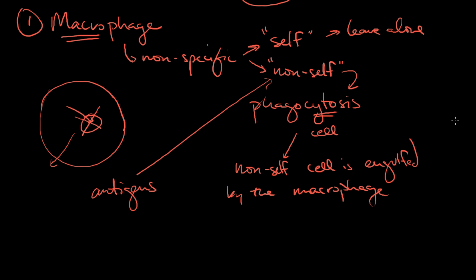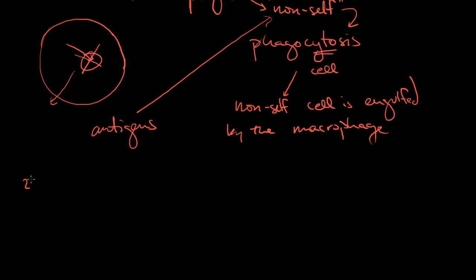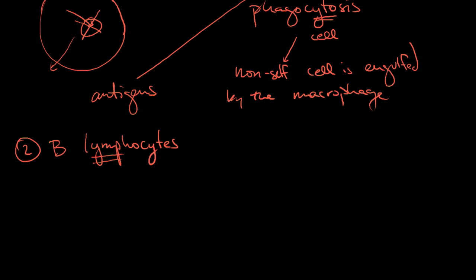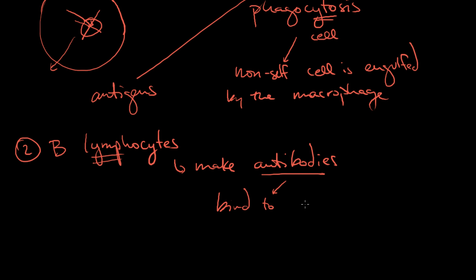So one type of leukocyte is the macrophage, and then the other kind that you need to know are the B lymphocytes. And you've got to keep this straight. This is a type of leukocyte, but it's a lymphocyte. They're found in your lymph nodes. So these B lymphocytes, or beta lymphocytes, are ones that make antibodies. Antibodies are proteins that your body makes to bind to antigens of a pathogen.